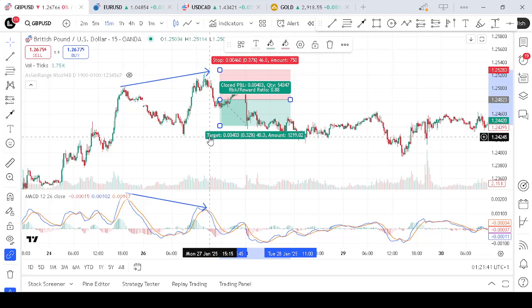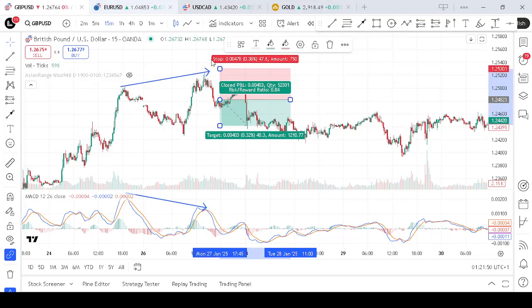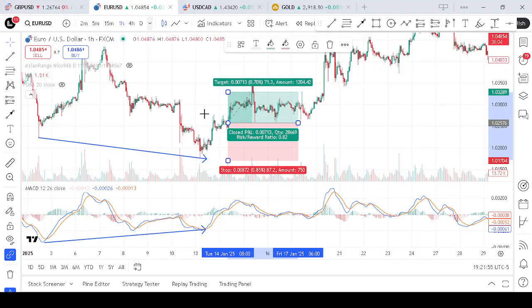This way you protect yourself from a significant loss if the market moves against you. This is where you put it. Don't forget, above the most recent high, and in case of a bullish trade, below the most recent low.